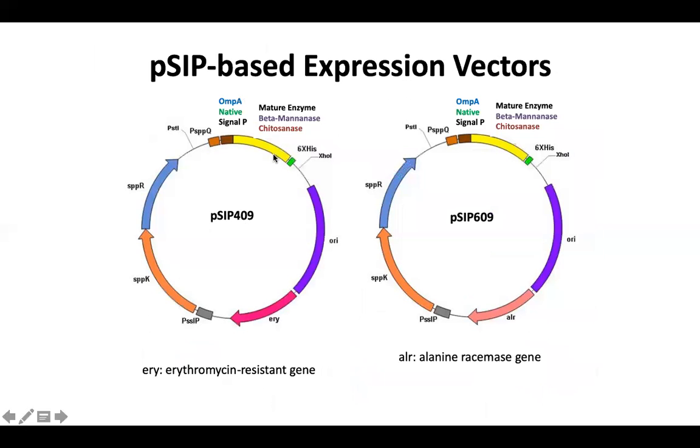We cloned the gene of the enzyme in between this cloning site. And we published a paper. In that paper, we fused this enzyme with different signal peptides. We wanted to see which one is most appropriate to produce a recombinant enzyme. And we also took out this erythromycin resistance gene and replaced it with the alanine racemase gene to make it food grade.